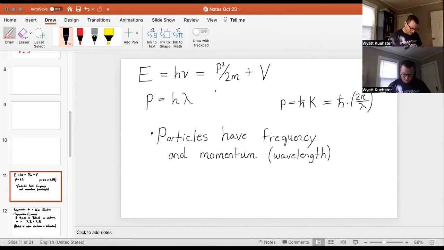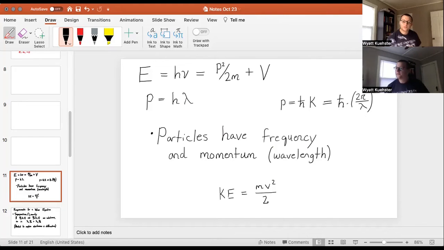And then we also just have from regular old classical mechanics that E equals KE plus PE, kinetic energy plus potential energy. And then kinetic energy, right? The classical formula for this, if you have a particle with mass, is the mass times the velocity squared over 2.